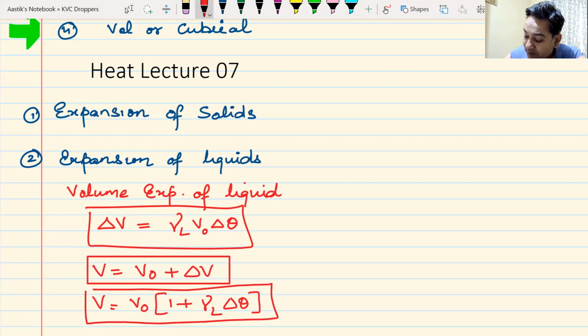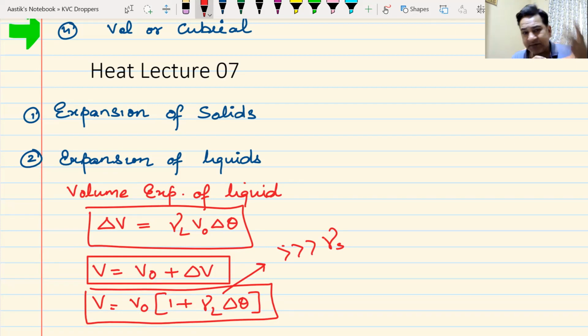This gamma L, this gamma of liquid, is very, very large compared to gamma of solid. We also understand this? Yes, sir. Because liquids expand a lot more compared to their solid counterparts. Now, liquids expanding in volume.